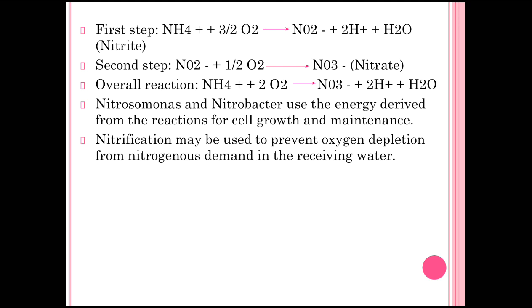In the overall reaction of these two, the NO2 gets cancelled, then 3/2 O2 and half O2 give 2 O2, meaning NH4 plus 2 O2 gives NO3 minus, the nitrate, with removal of H plus and water.